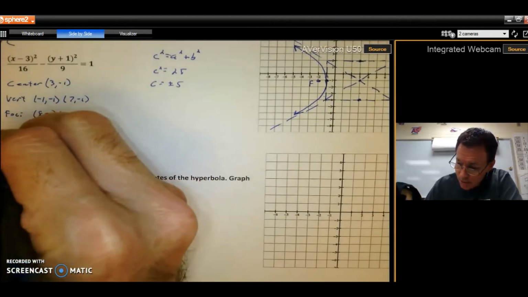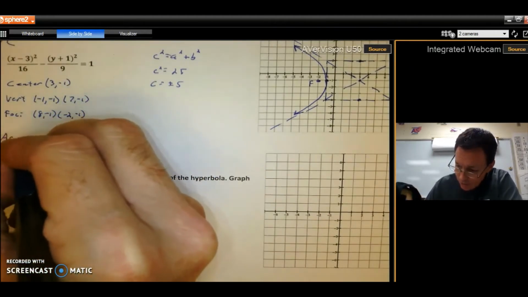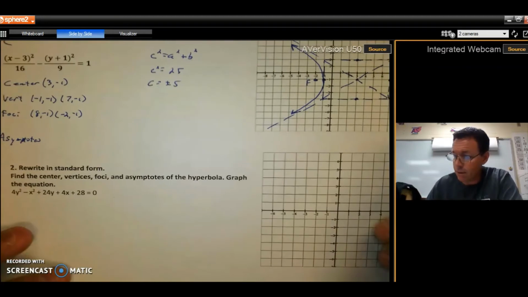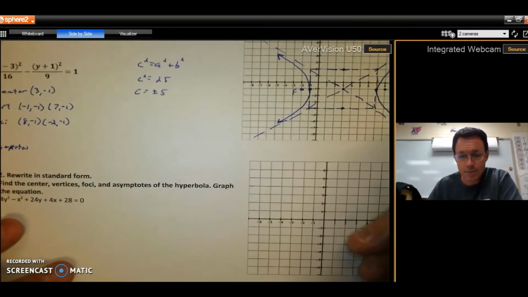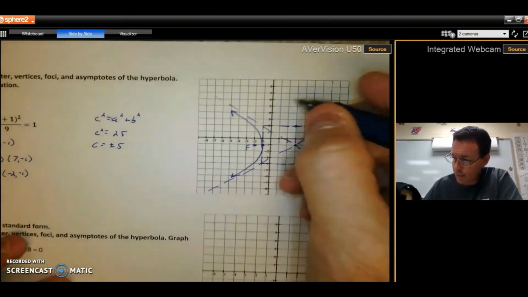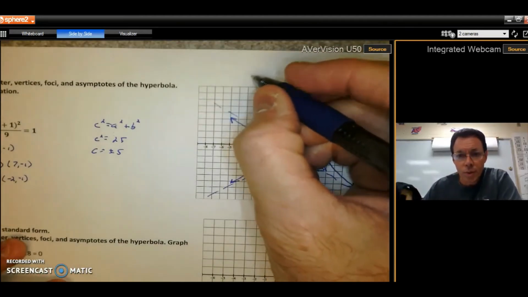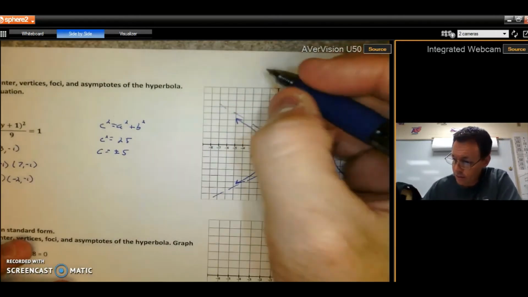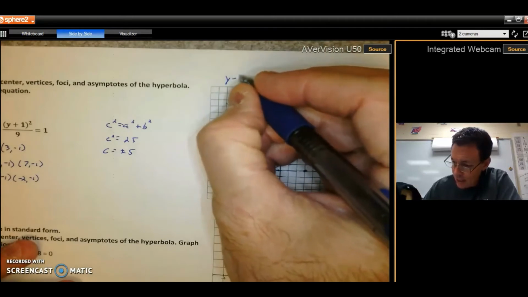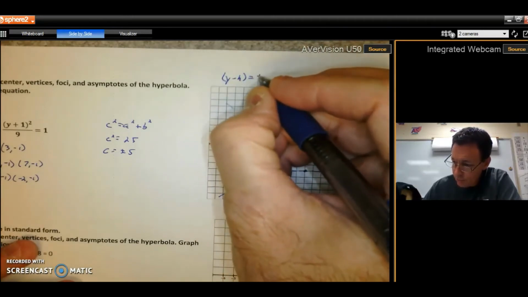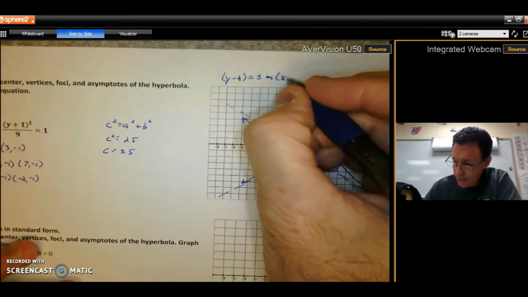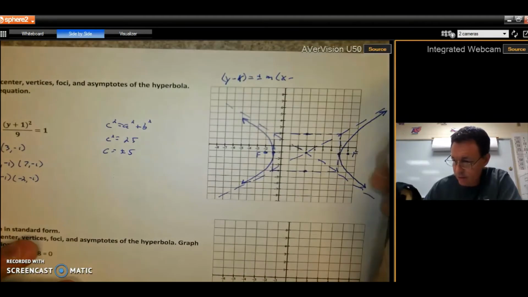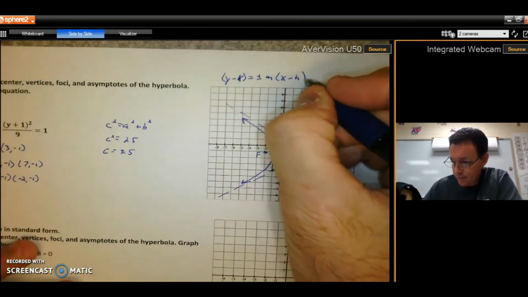I'm also supposed to write the equation for my asymptotes. Asymptotes. Okay, now the equation for your asymptotes looks, let me write it up here. When you learned the point slope form, it was y minus y1. Well, it's going to be y minus a y coordinate. So it's going to be y minus k equals plus or minus m times x minus h.